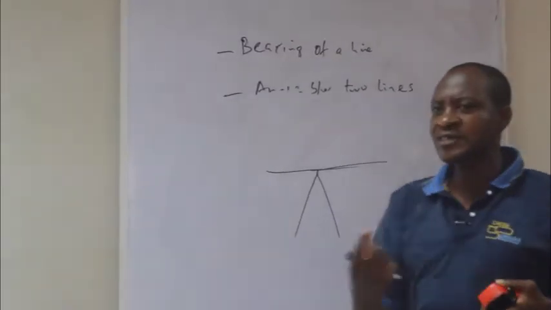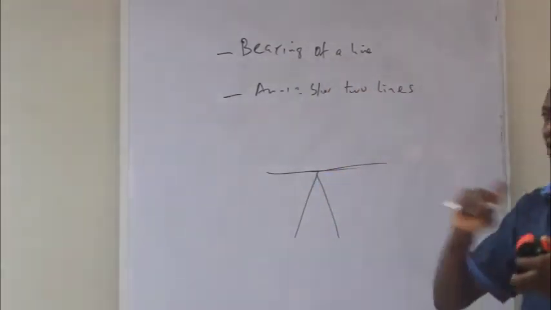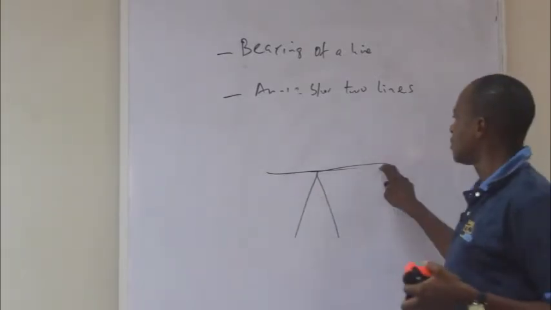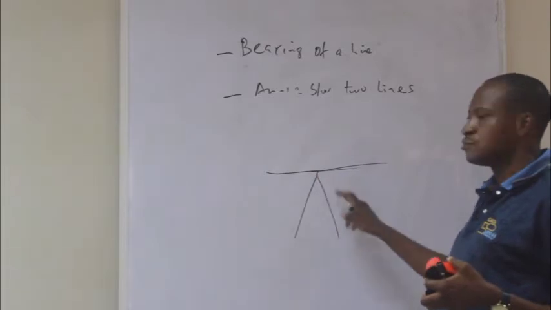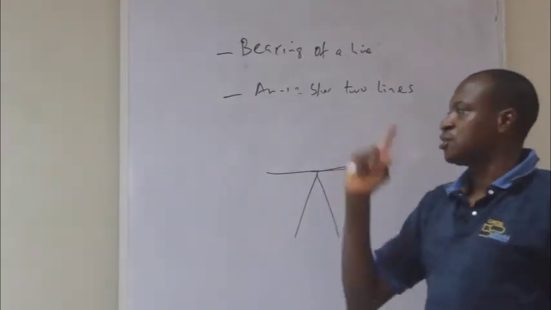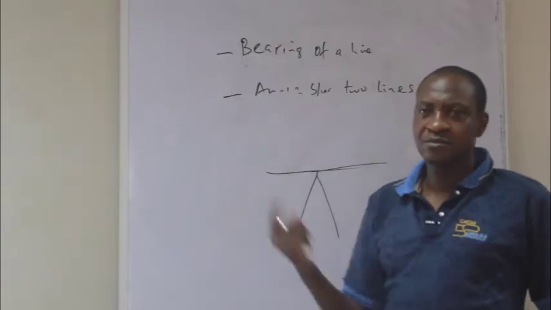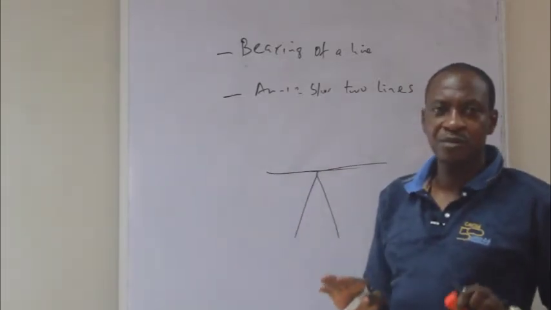If you have any steel like this that is magnetized and you pivot it at the middle, when that magnetized steel oscillates or rotates, it should definitely come to settle at a point.